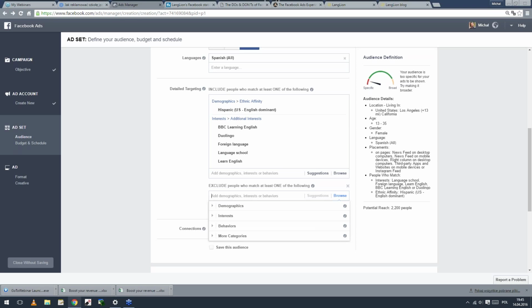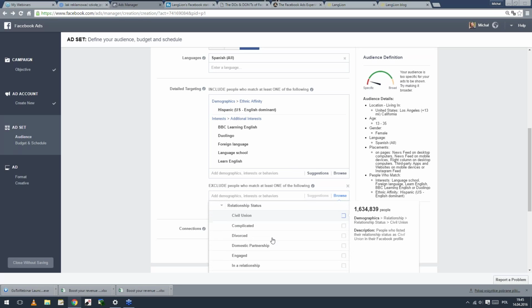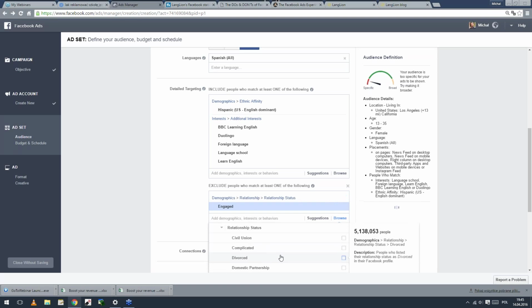All right. So also very important is to exclude people. If you want to narrow the criteria, for example, in demographics, you can exclude people who are in a relationship. This is only an example. I don't say that you should do it, but for example, you don't want people that are engaged.